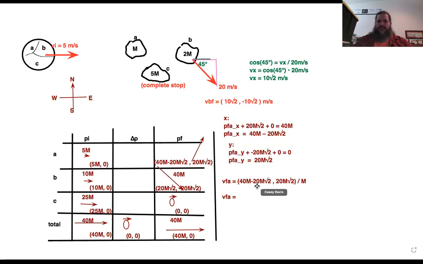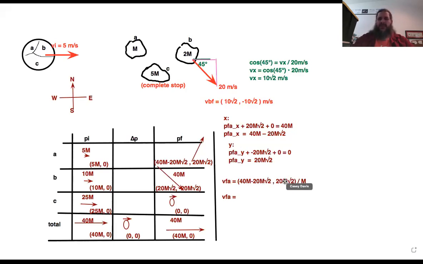What happens when you have a vector written in xy component form and you divide by a scalar? What do you do with that scalar divisor? Yeah, we divide each component by m. So the first component divided by m and the second component divided by m.